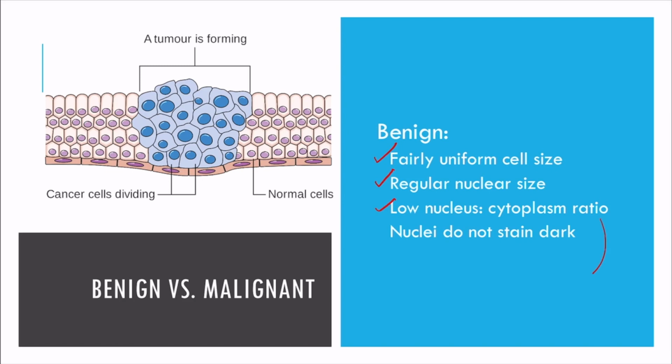A typical nucleus to cytoplasm ratio is somewhere between 1:4 to 1:6. There should be a lot more cytoplasm than nucleus. And the nuclei do not stain dark, so they're not those big dark hyperchromatic markings on the inside. These would all be helpful in the identification of cells that are growing uncontrolled but will not spread to other areas as cancer would.